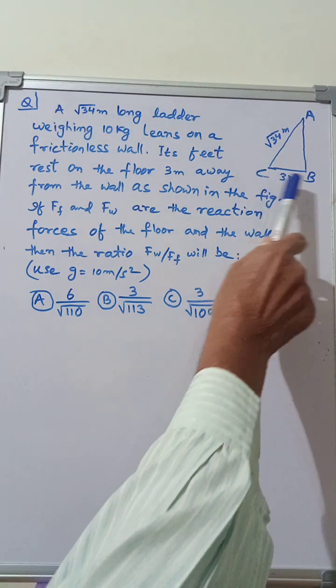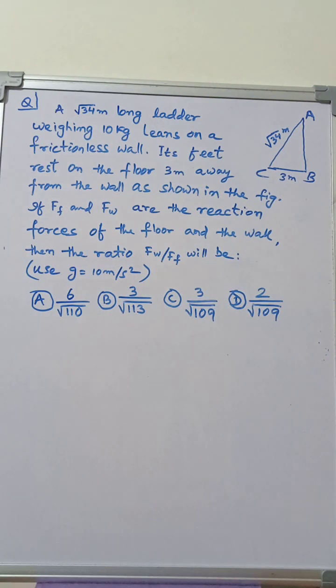Therefore, BC is equal to 3 meters. Reaction force of the floor is equal to Ff and that of the wall is equal to Fw. We are required to find the ratio Fw by Ff. Take the value of g equal to 10 meters per second square. The options are given in the question. We are required to find the correct option.